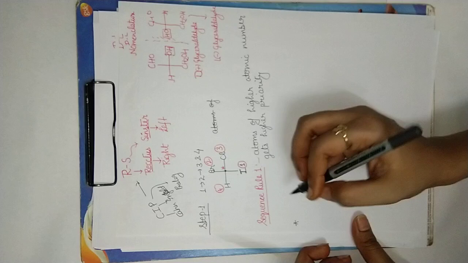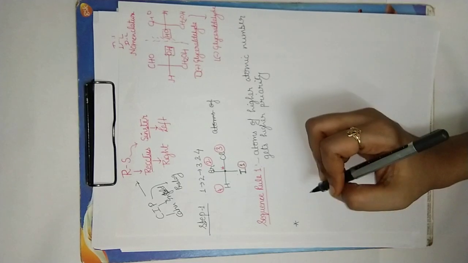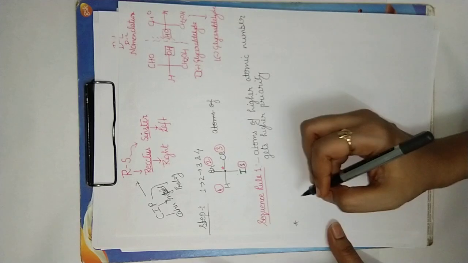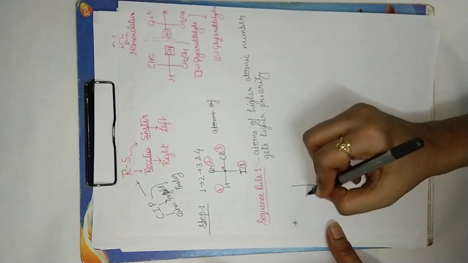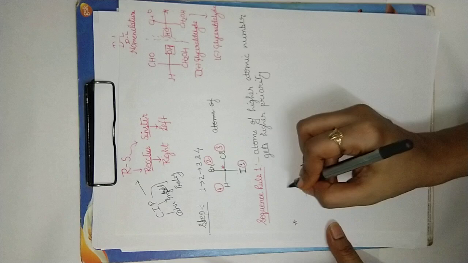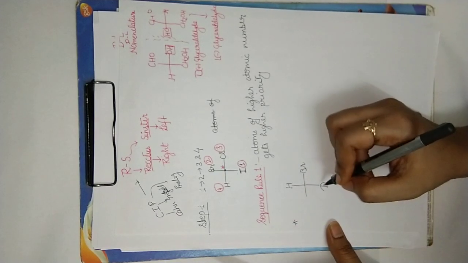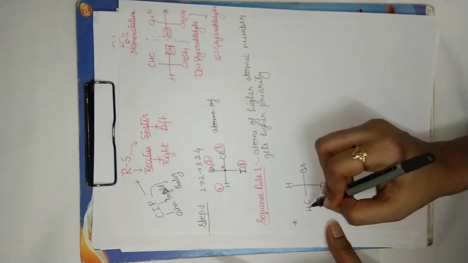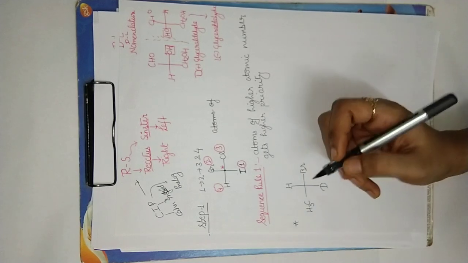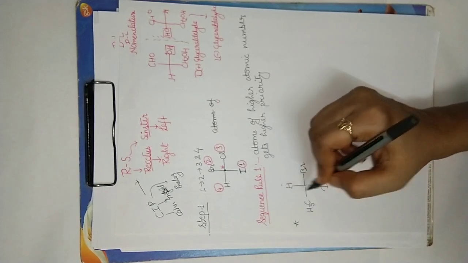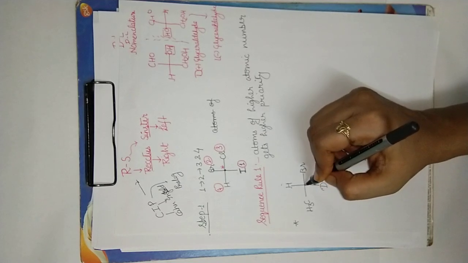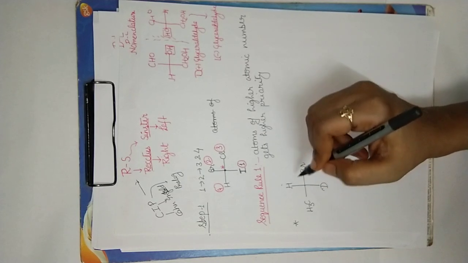Secondly, if the 2 atoms attached to the chiral carbon are isotopes of the same element, like this, the isotope of hydrogen, deuterium, and CH3, what will happen if the 2 atoms attached to the chiral carbon are isotopes of the same element?